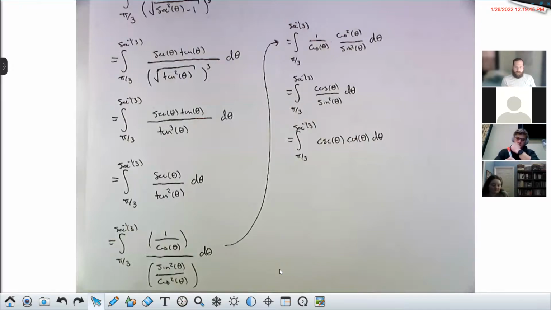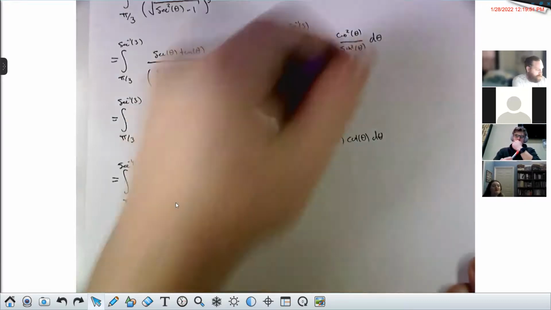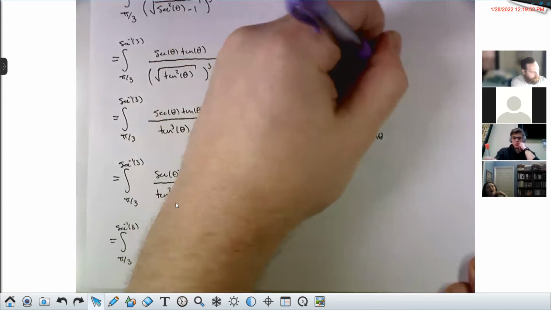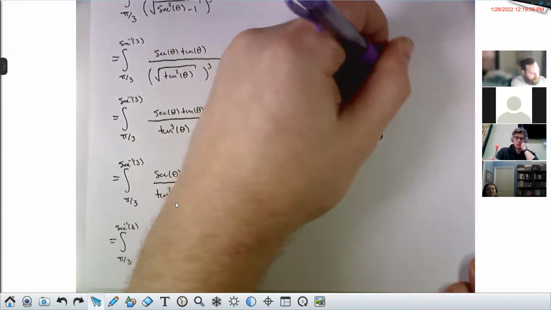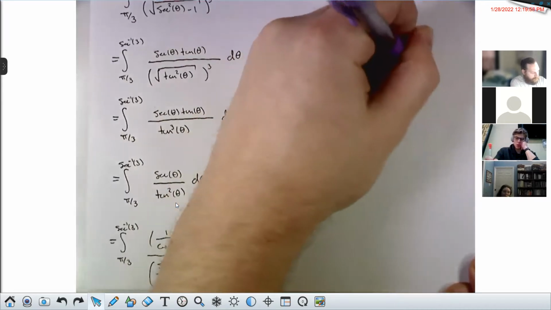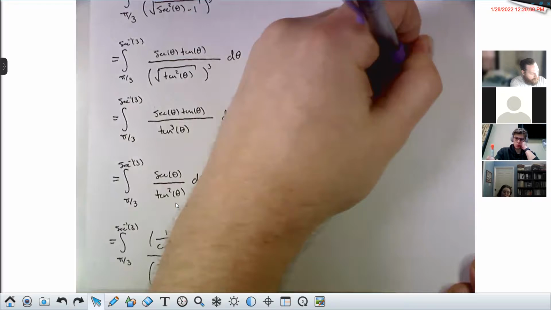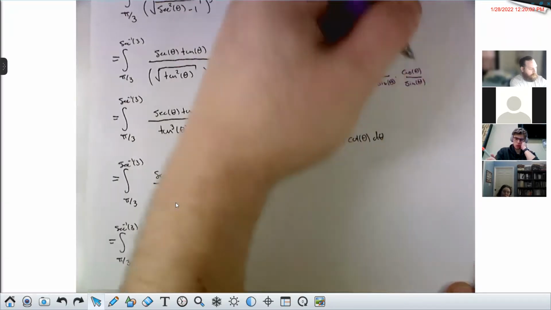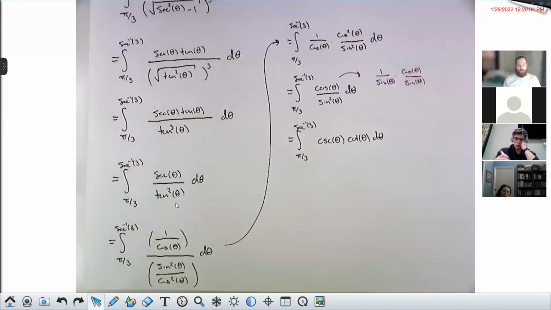But 1 over sine times cosine over sine, that's what we have there, right? This piece is 1 over sine theta times cos theta over sine theta, which is cosecant times cotangent. And that should be jumping out at you.